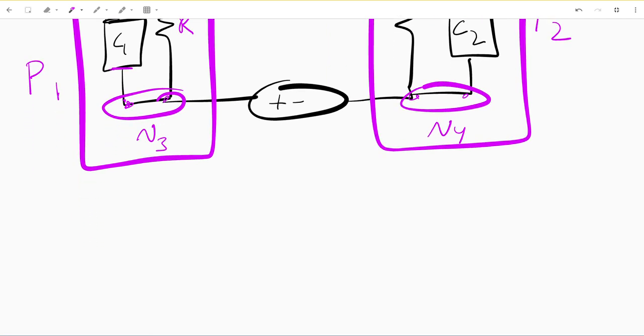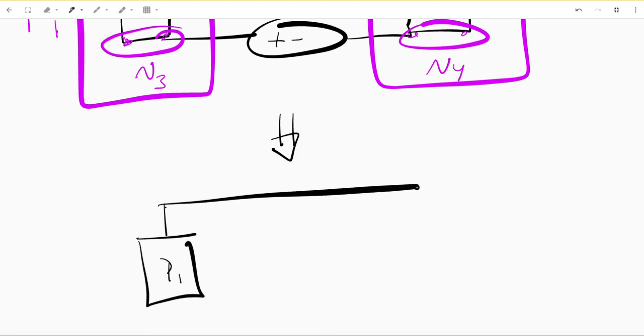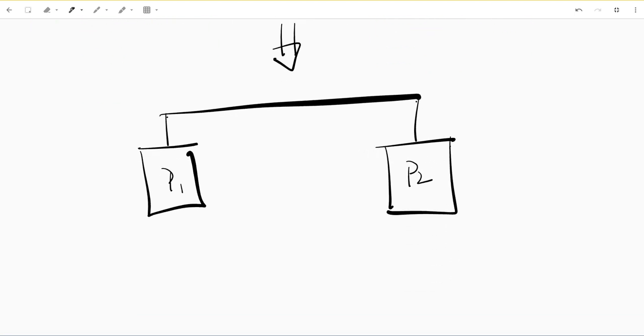So we can then shrink our circuit even more, and we could say that P1, P2, and now we just have our plus, minus.